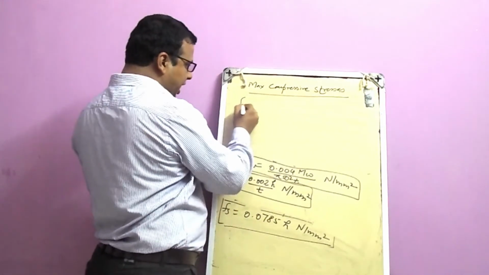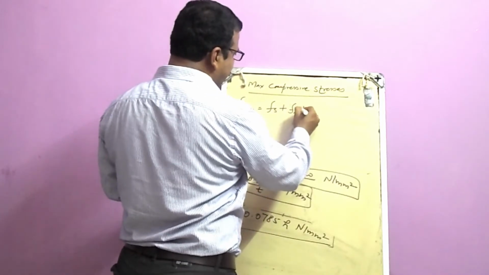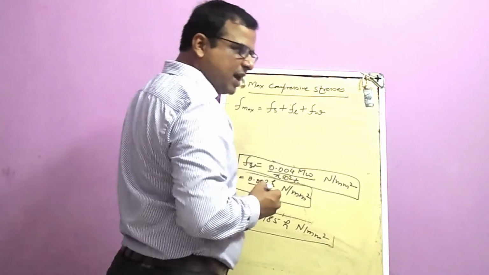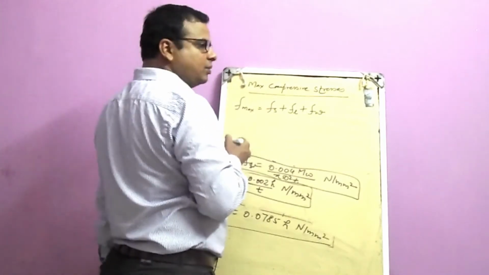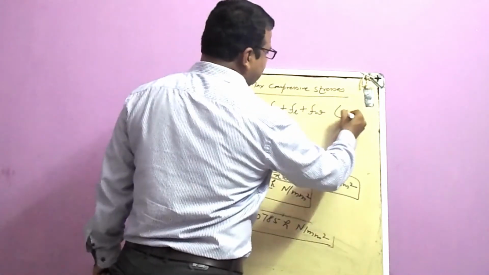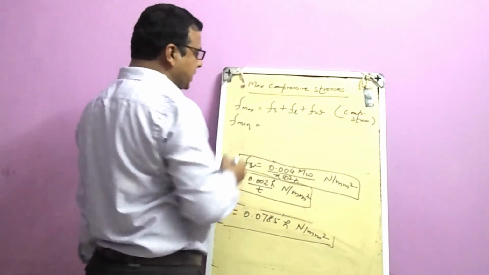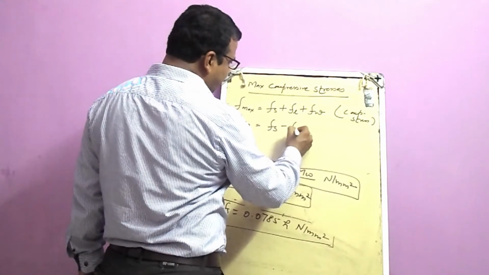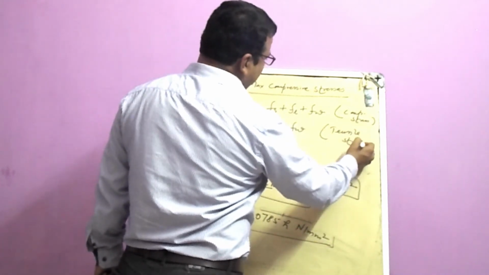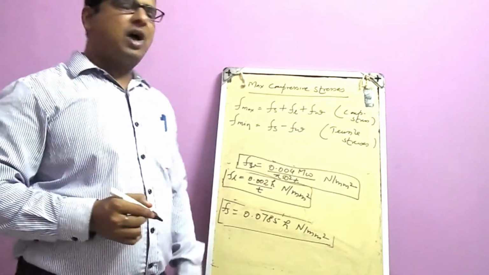For that, F max will be Fs plus Fl plus Fw. So this will give the maximum compressive stresses. If we want to find the minimum stresses or tensile stresses, then it will be this formula. That will give the tensile stresses, if any, or minimum stresses: self weight minus stresses due to the wind.